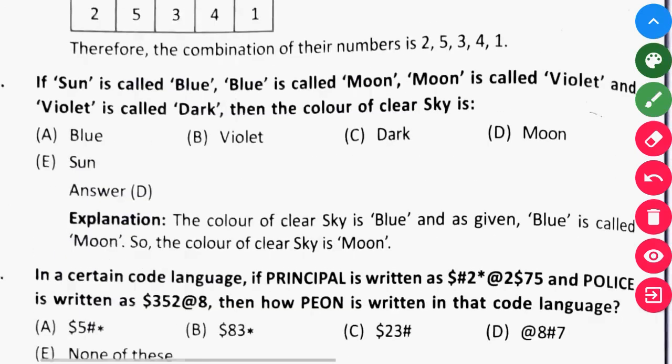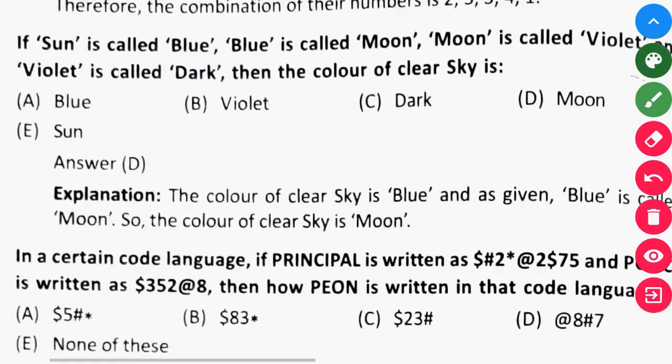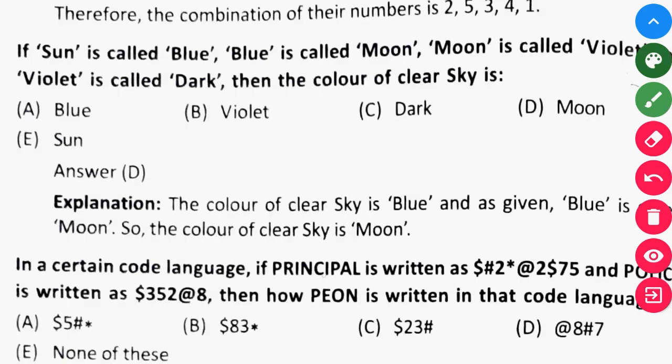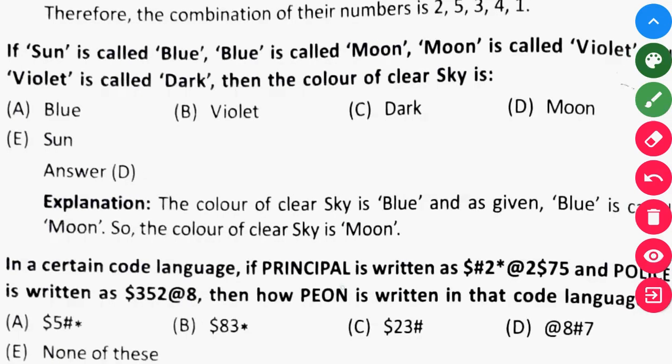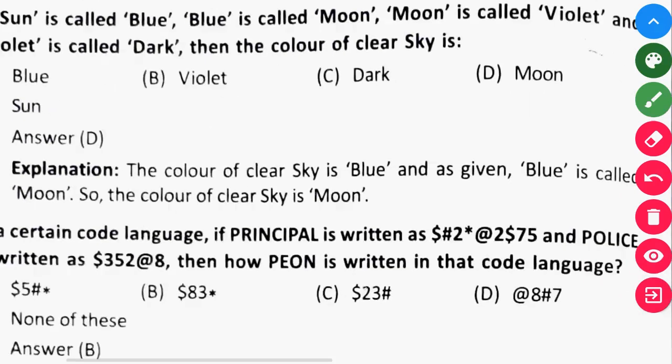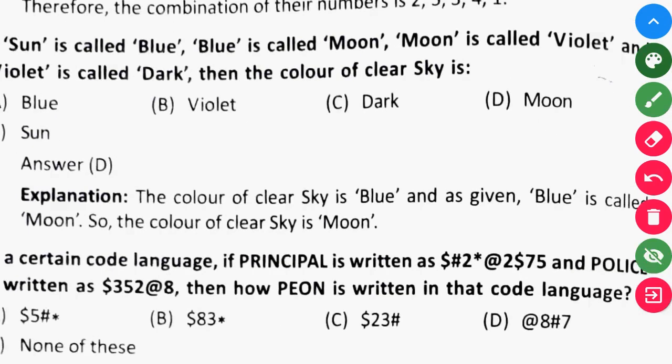Now here again certain code language is given and it is applied to the word principal, and piano is also written. So you have to write the code for the peon. So take which code is applied for P. So dollar sign is applied for P. For E they had applied 8.